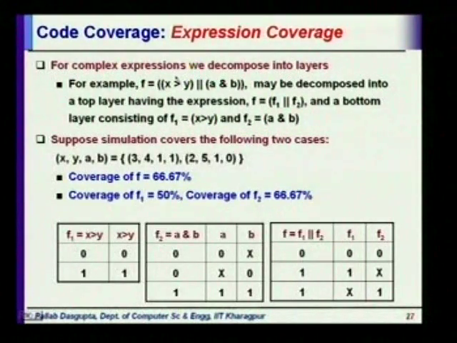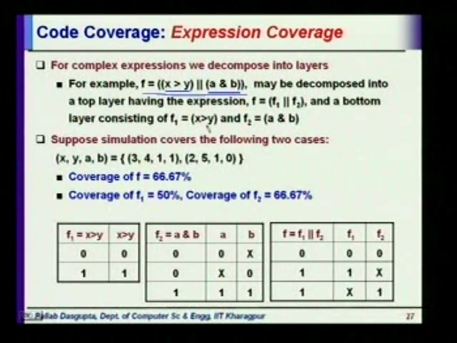So, for complex expressions, we cannot continue to do this because it is going to grow like the truth table, right. So, we decompose it into layers. So, if we have this as an expression, then we can break it down into two components. So, this is f1 and this is f2, right.